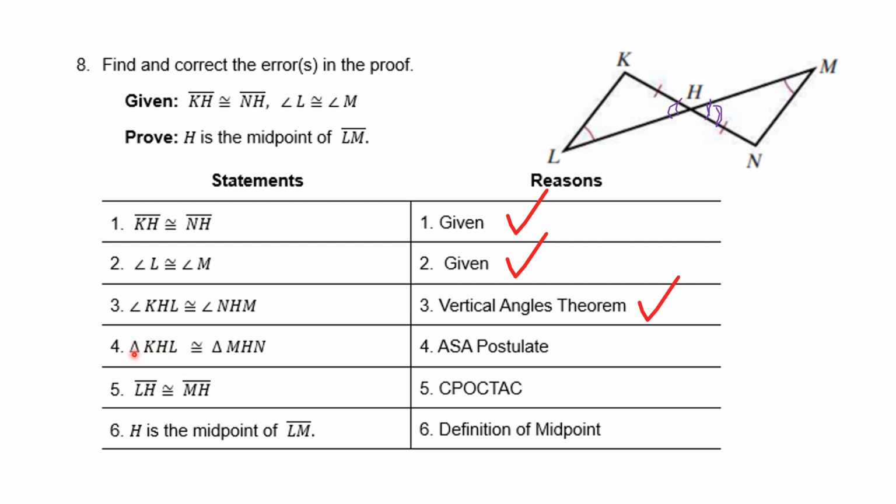All right, and then it says triangle KHL is congruent to triangle MHN. Let me get rid of those. Triangle KHL is congruent to triangle MHN by the angle side angle postulate.